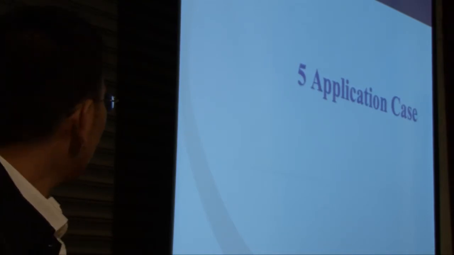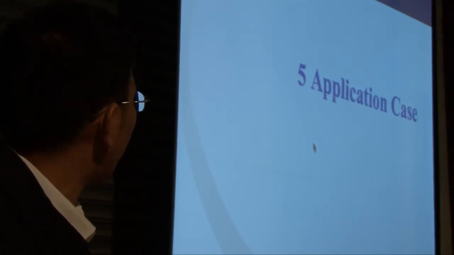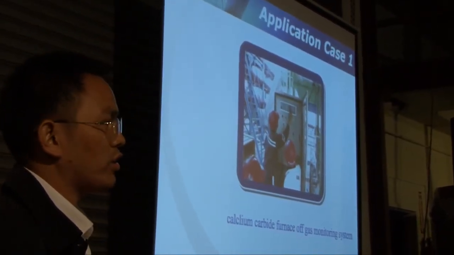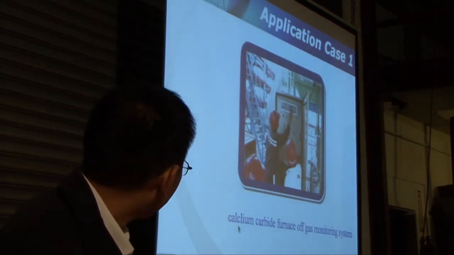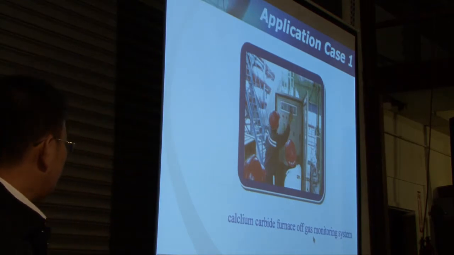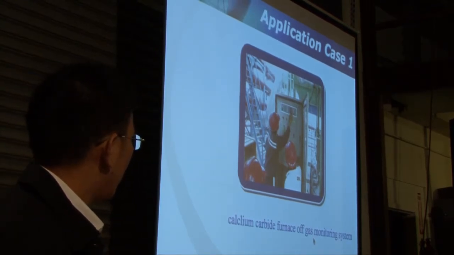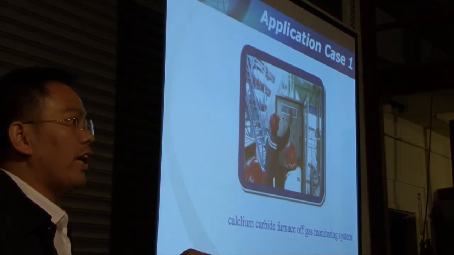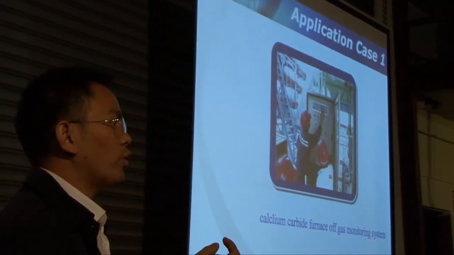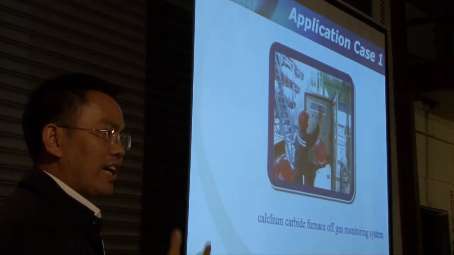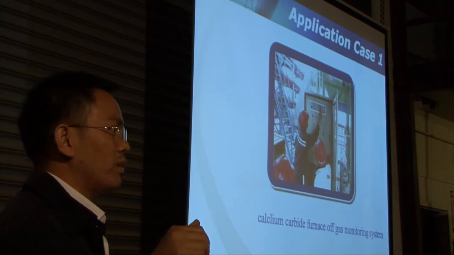Okay, so I will tell you some applications. One application is in China, an online monitor system for the off-gas of the calcium carbonate furnace. Before that, this kind of furnace was used for CaC2. Do you know that? CaC2 is put as a solid into the water, and then the gas C2H2 comes out.